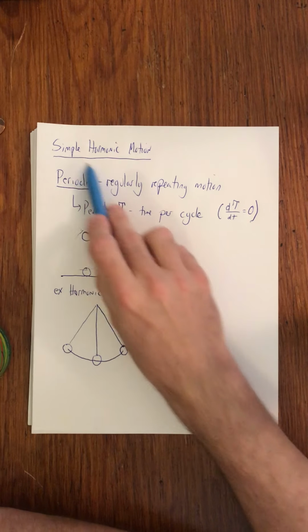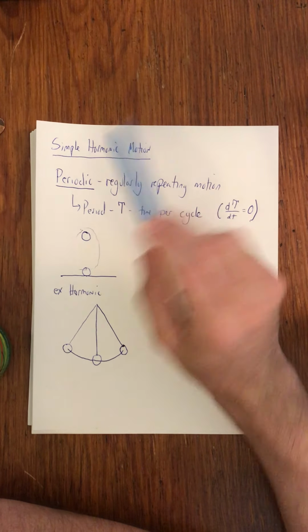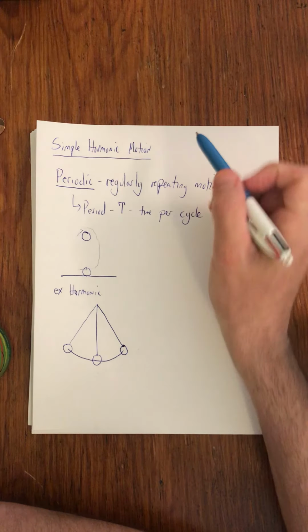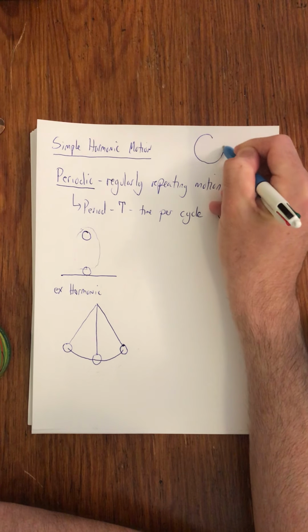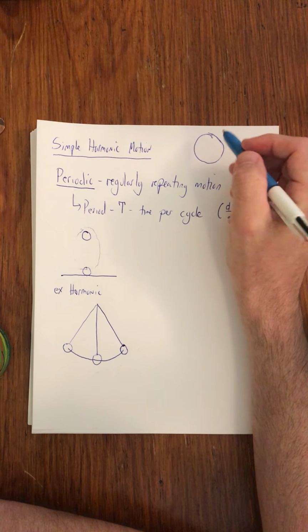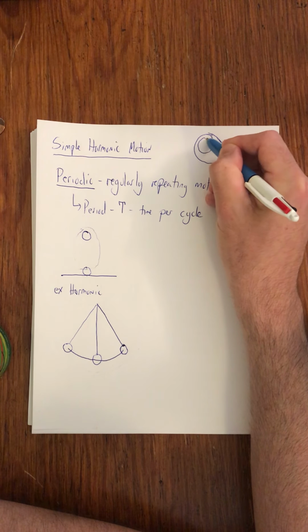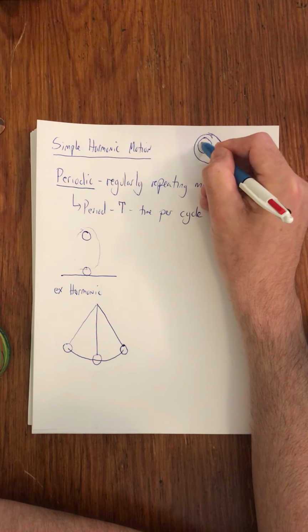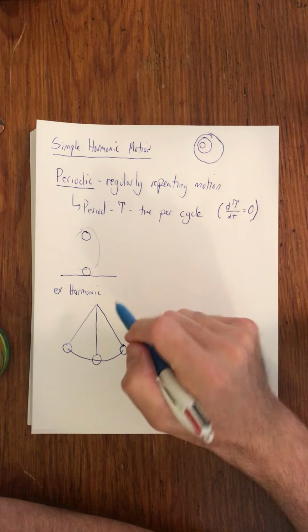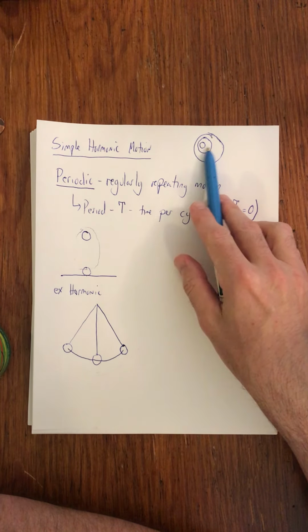So harmonic is a subset of periodic. In fact, I hope what you can see here is that if this is the Venn diagram of the periodic motions, harmonic motions are a subset of the periodic motions, and then simple harmonic motions are yet again a subset of the harmonic motions.